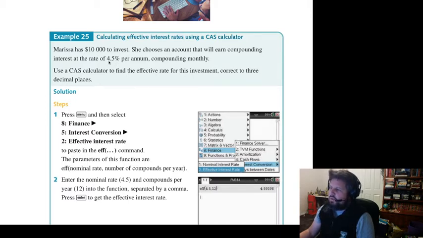What you need to know for compounding: the effective interest rate with your CAS calculator needs the nominal interest rate per annum, and then how many times per year it happens. In this case, it's compounding monthly, and the N value is 12. So R is 4.5, N is 12.